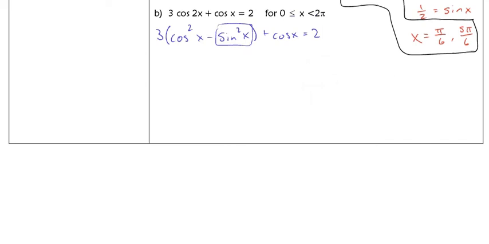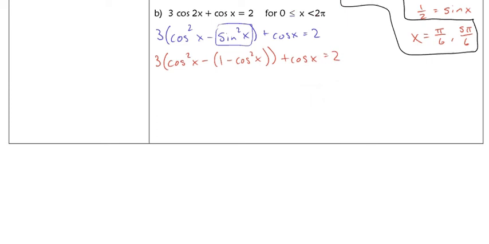And again, if you do have that memorized, you can save yourself this step. But the next line is going to be 3 times cosine squared of x minus, and now sine squared, we learned, was 1 minus cosine squared of x, and then that plus cosine of x equals 2.